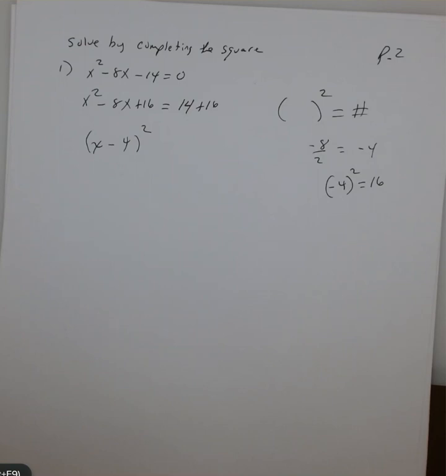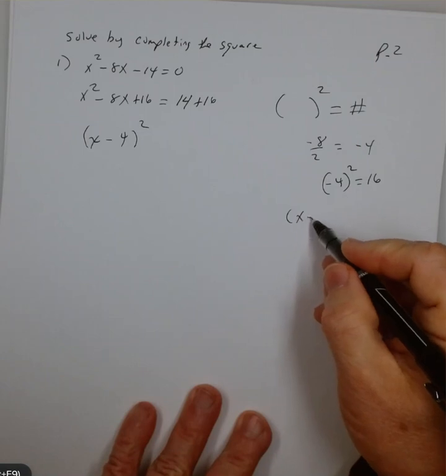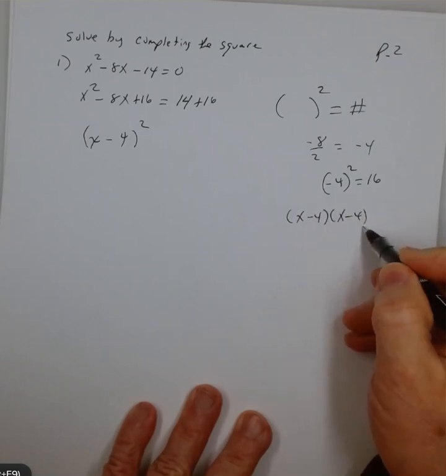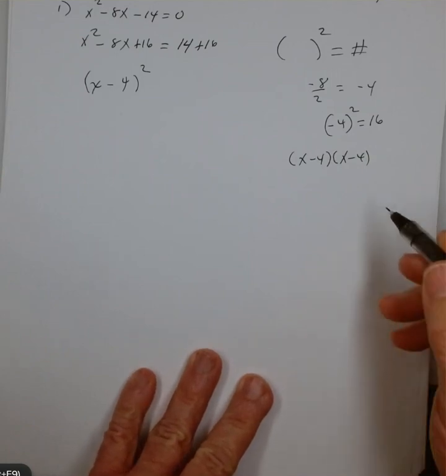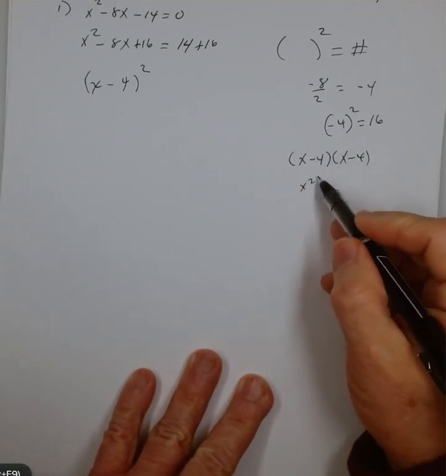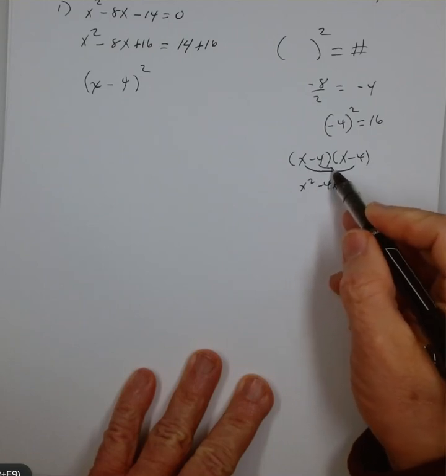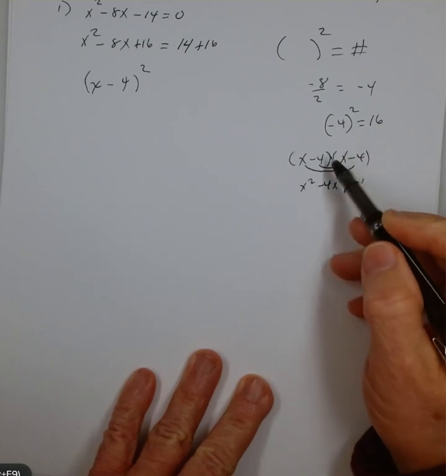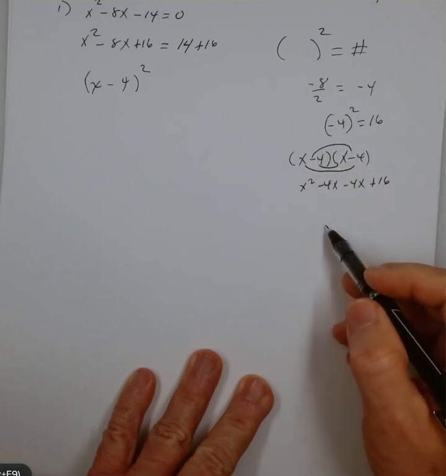You can always check it, and you can do that mentally by using the FOIL method, right? So first is x squared, the outer is negative 4x, and the inner is also negative 4x, and then negative 4 times negative 4 is a positive 16.